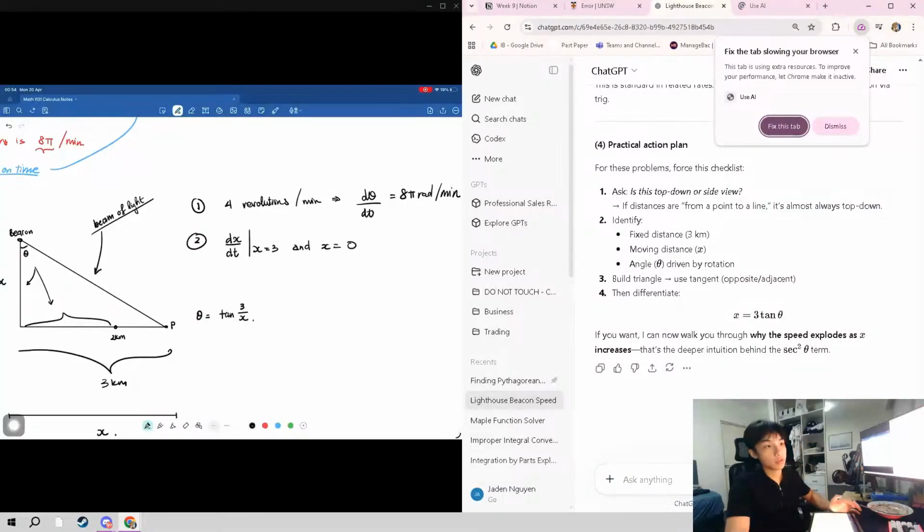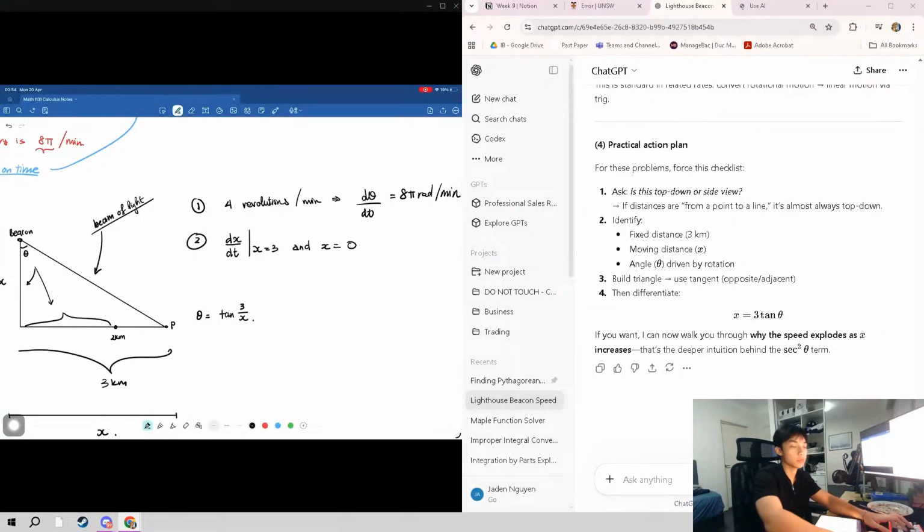Actually, I have no clue how to solve the question, which is crazy. See, 17, chapter 6. Let's go down to the answers. The answer for 17 is 24 kilometers per minute. Okay, so they did get it correctly.